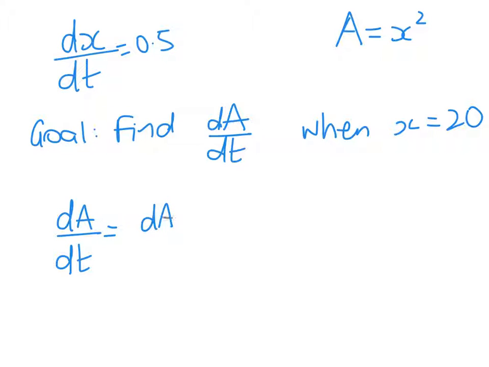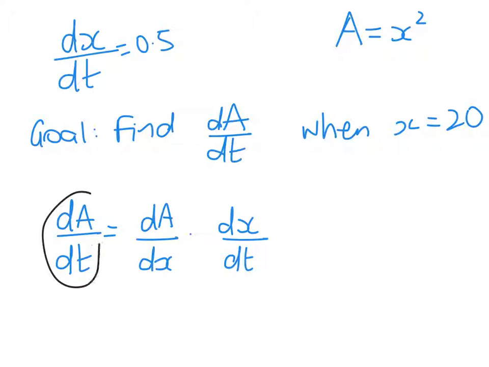Well, dA by dt is going to come about like this. It's going to be dA by dx times dx by dt. Notice the way I wrote that is that I wrote down what I wanted to find, and then I knew that I was going to have two derivatives. The last one has to be one that ends with dt, right? Because I'm looking for a rate of change with time, and we've got one of those. So it's got to be dx by dt.